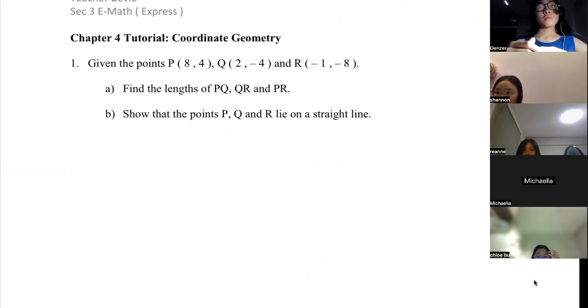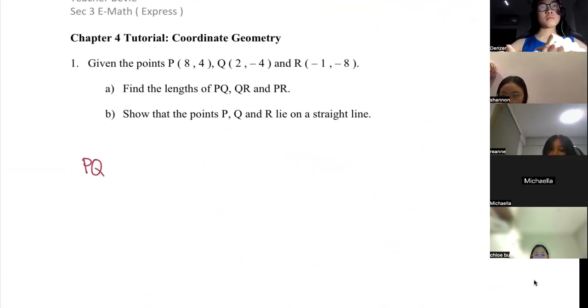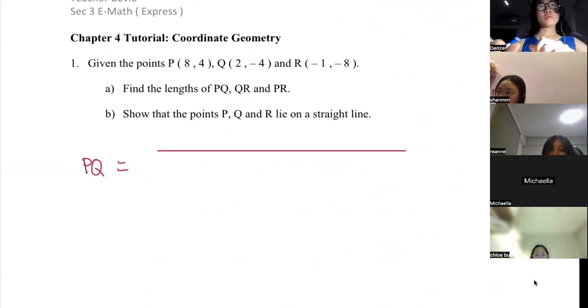Okay. So given the points P, Q, R: P is (8, 4), Q is (2, -4), R is (-1, -8). I want to find the length of PQ. So PQ first.